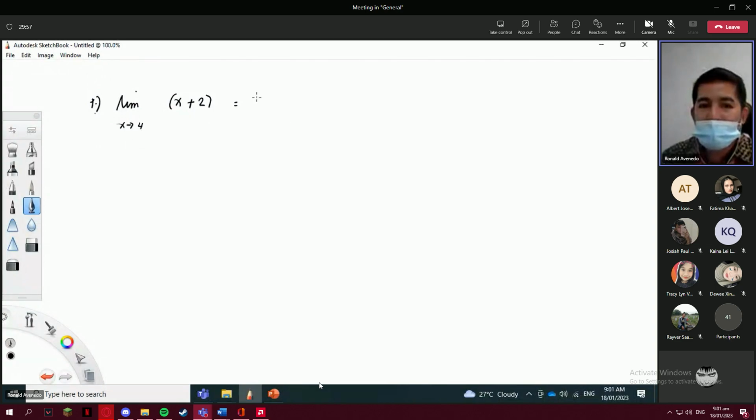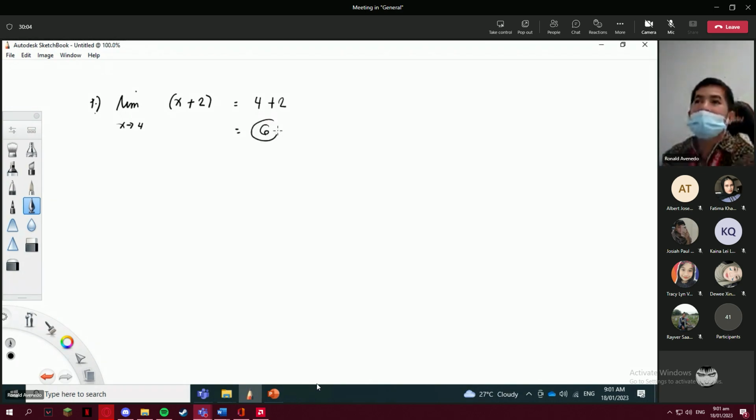So we have 4 plus 2, so 4 plus 2 is 6. So wala nang table, we can determine the value of the limit by just substituting the value of x by 4. And take note that here 4 and 6 would not be part of the solution later if we're going to graph. The 6 is only the limit.